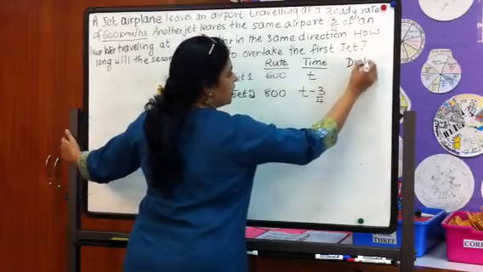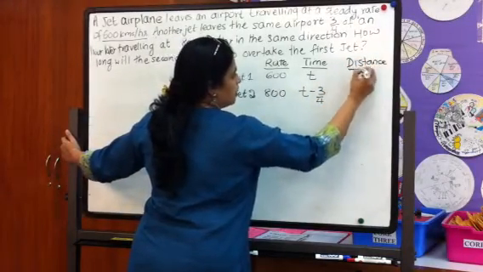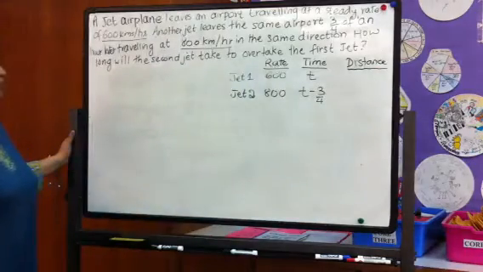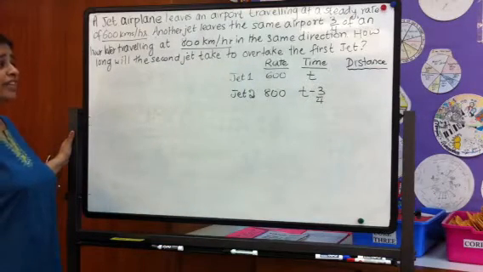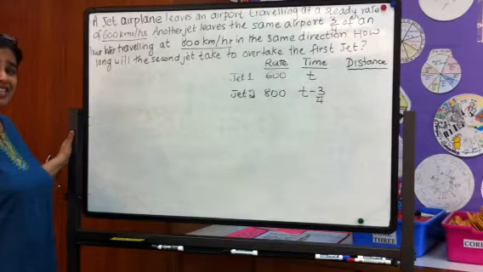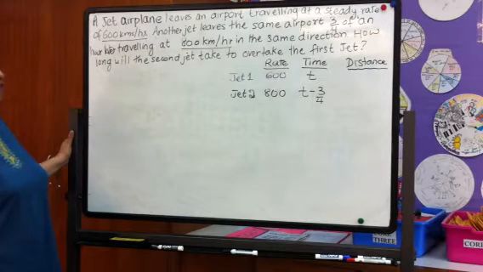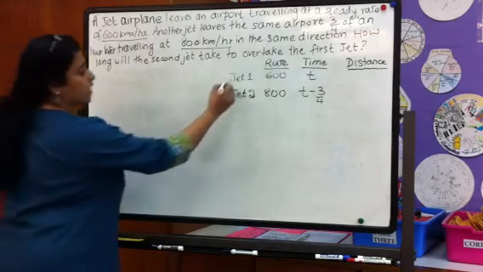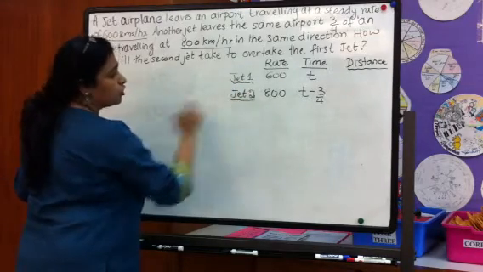Now comes the distance. This is a very important part, because for the second jet to overtake the first jet, it must reach the point where the first jet is. It must catch up with the first jet and then it will begin overtaking. So at the point where it begins to overtake, the distance is the same for jet 1 and jet 2.